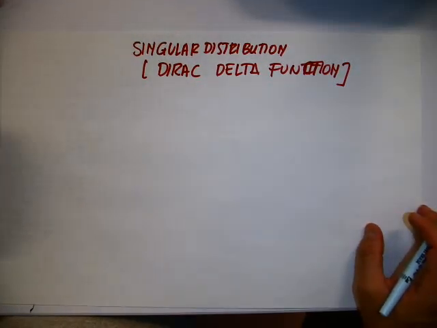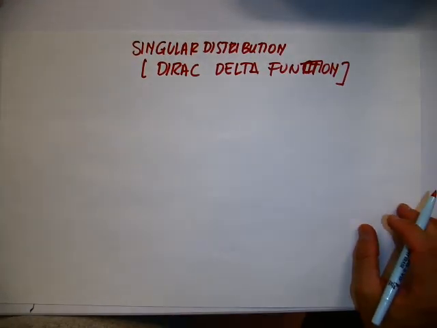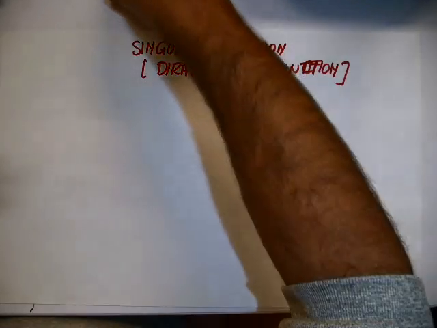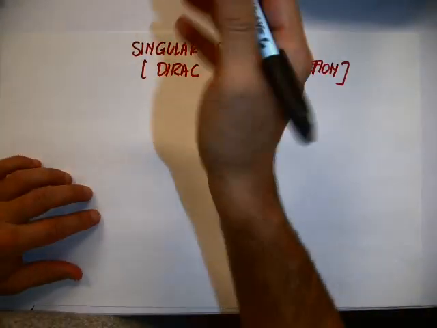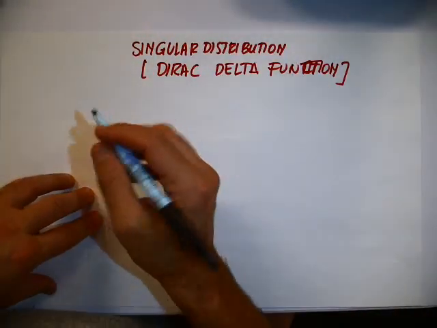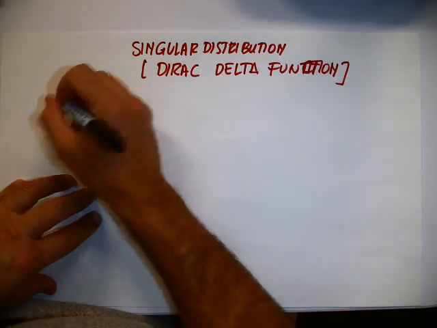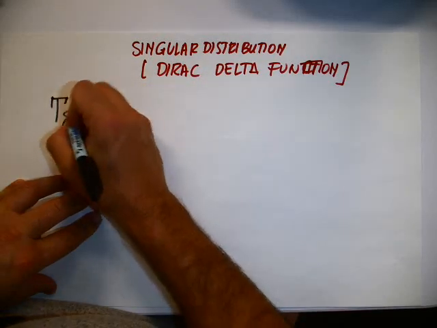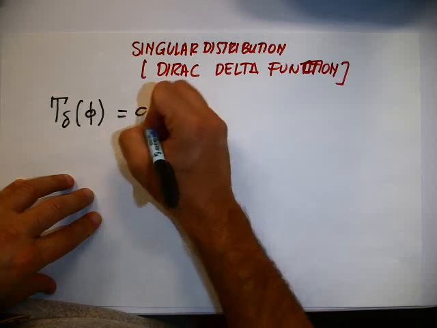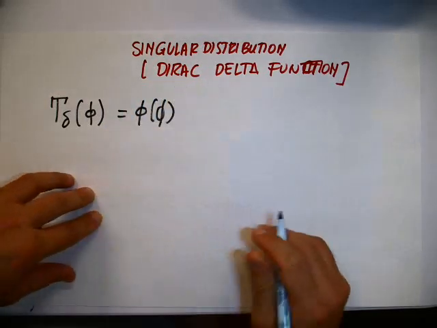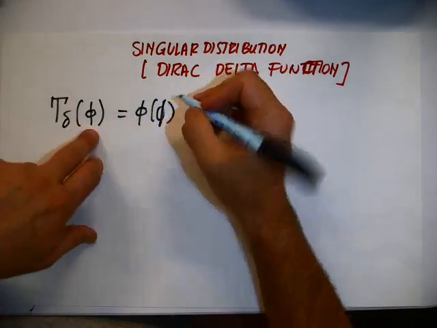Okay, let's discuss a little bit about the Dirac Delta function as a singular distribution. I already showed you that we define the Dirac Delta function as T_delta applied to phi equal to phi at 0, where phi is our test function.